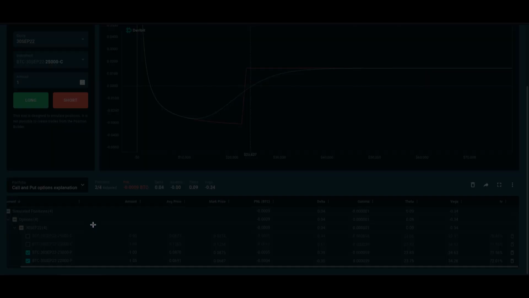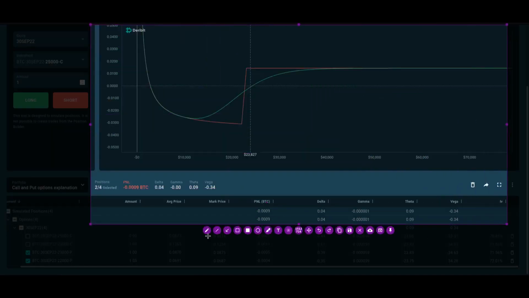Actually, we have to get a picture like this. Let's plot from another side like this, because we totally hedge our position.